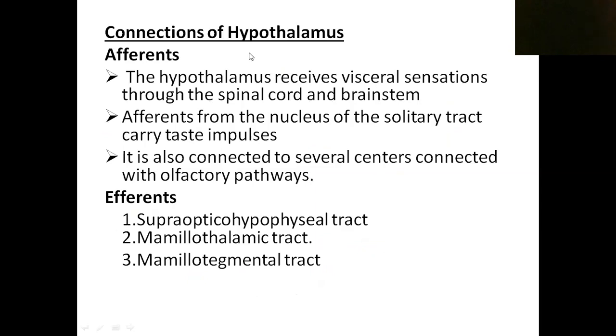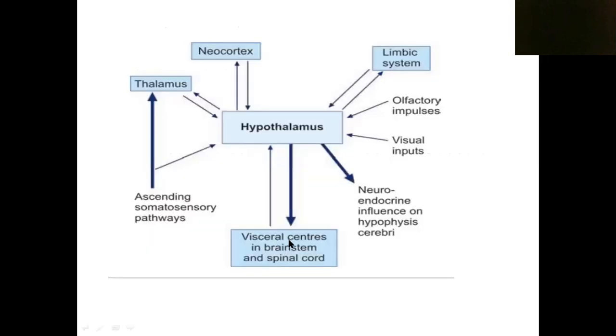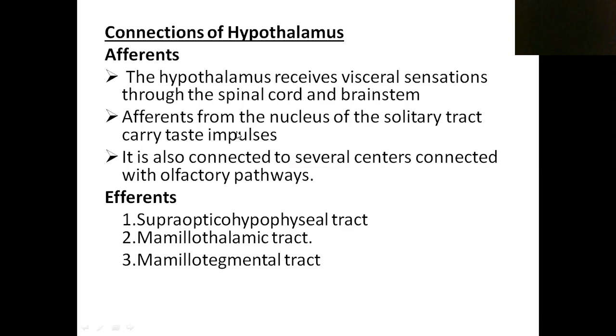Now connections. Here also it has afferent fibers and efferent fibers. First, afferent fibers. The hypothalamus receives visceral sensation, including taste, through the spinal cord and brain stem.